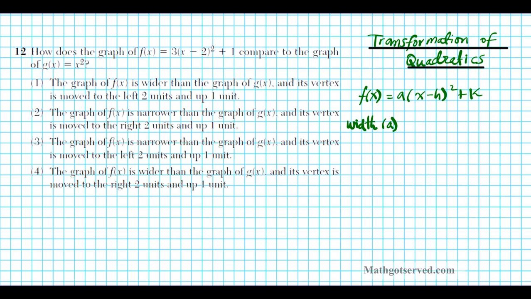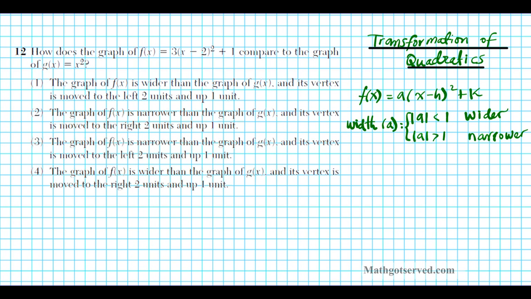If the absolute value of a is less than 1, that means the graph is going to be wider than x squared. If the absolute value of a is greater than 1, then it's going to be narrower than y equals x squared. And if it's equal to 1, it is going to be the same width. That's the information that a tells us.